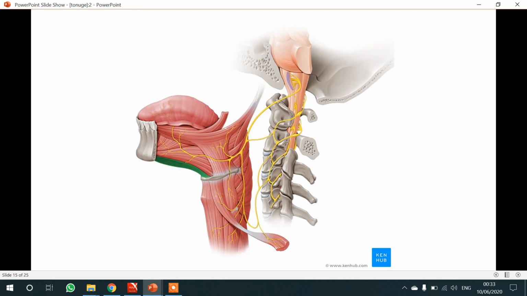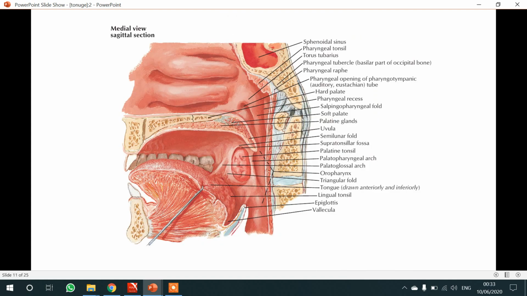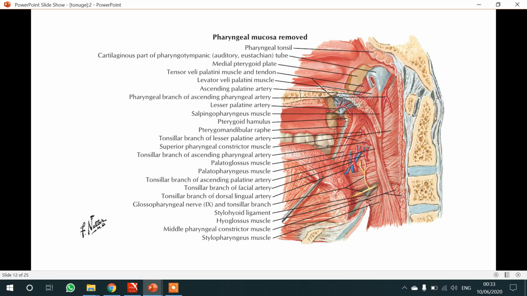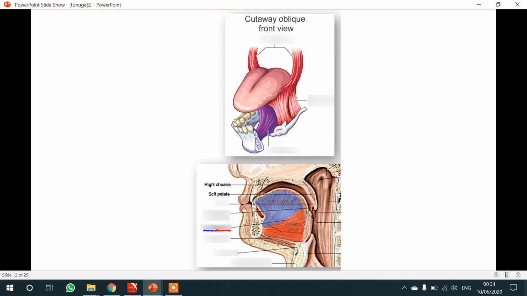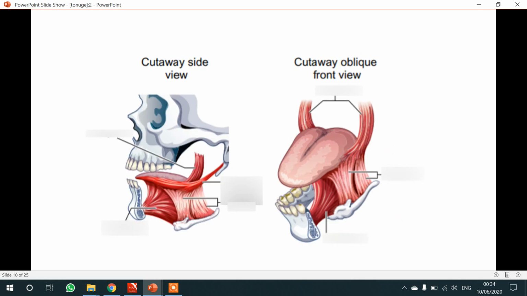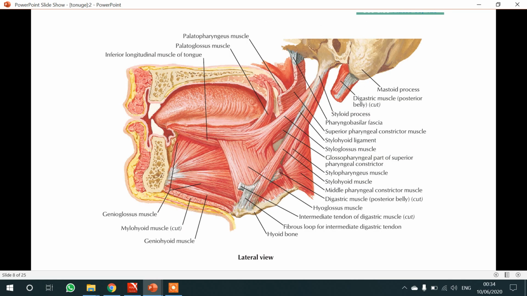Okay, so again, the most important thing this video is all about is basically the extrinsic muscles of the tongue. Again, genio from the genial tubercle, glossus.